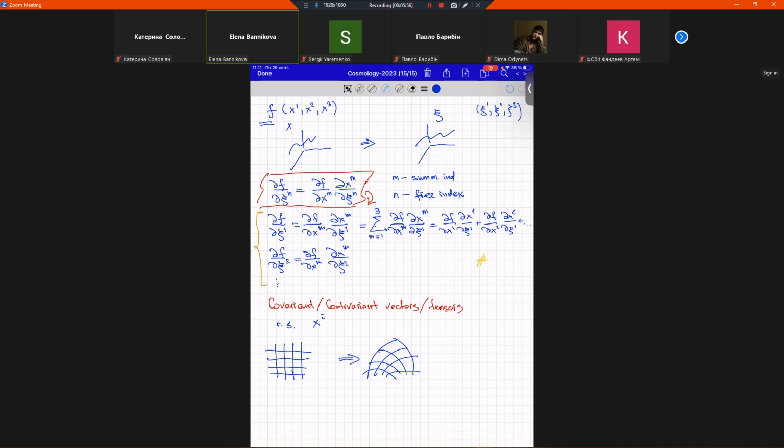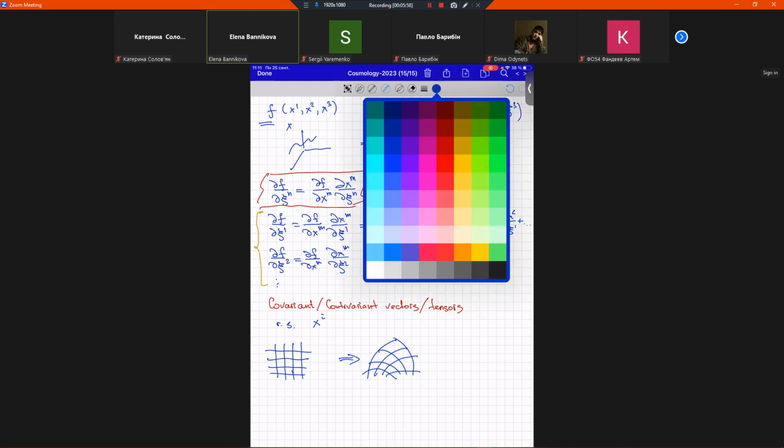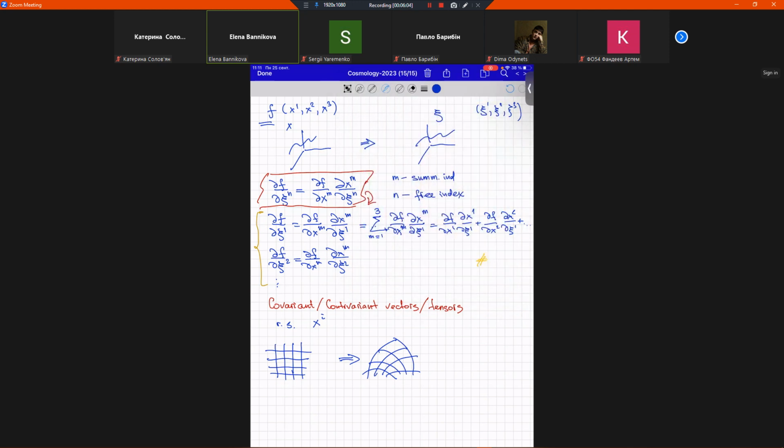In the beginning, we will consider scalar, and after this, we go to the vector. Later, we will denote it as a prime and not prime reference system. It will be much more convenient for us.